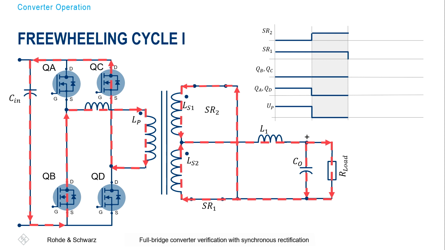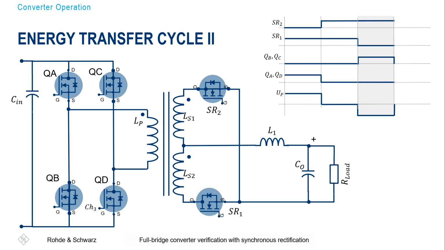And the next state what we can change is now to switch on again 2 switches simultaneously, and because we did QA and QD before, now we have to switch the other diagonal switches. And that is exactly what will happen in the energy transfer cycle 2.